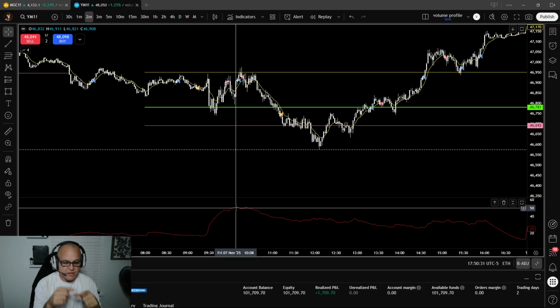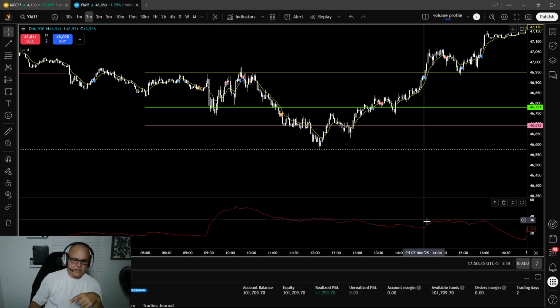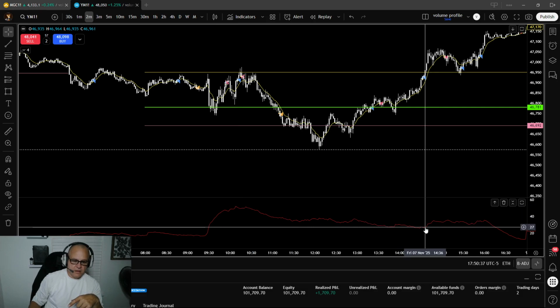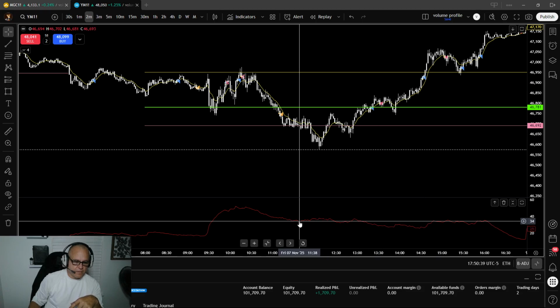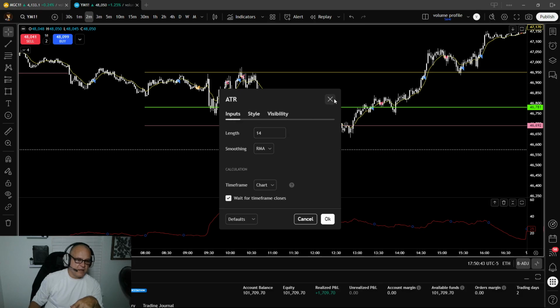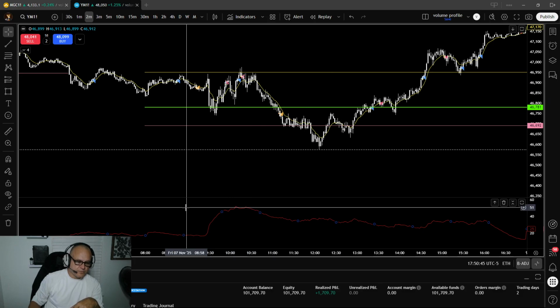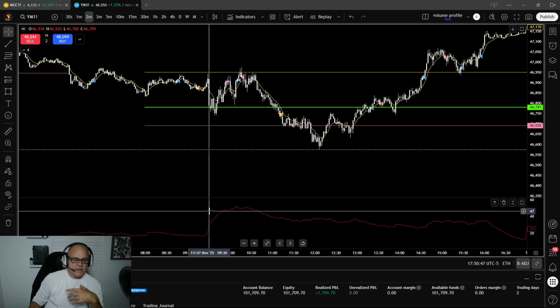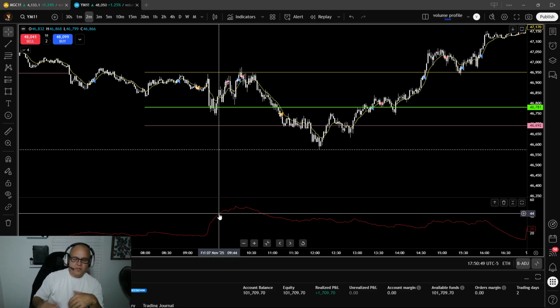I think this one runs at a standard 14. We can check that out just by clicking on it, going to settings. Yep, 14. So I'm looking at this to tell me how big the candles are on average. What's the price range of an average bar?